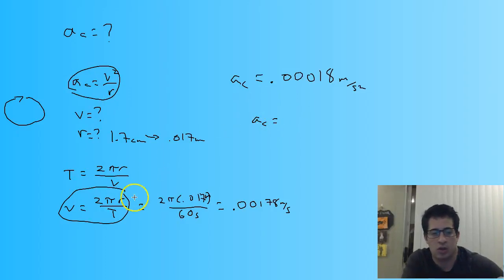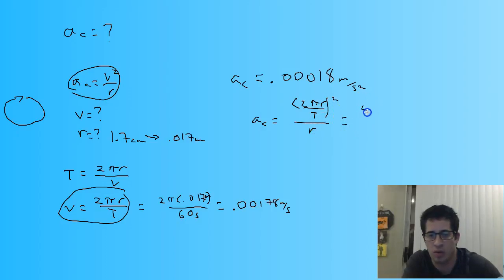Alright, so what you would do is put this in here for v, because v is equal to 2 pi r over t. So that's going to be 2 pi r over t, all squared, then all over r.